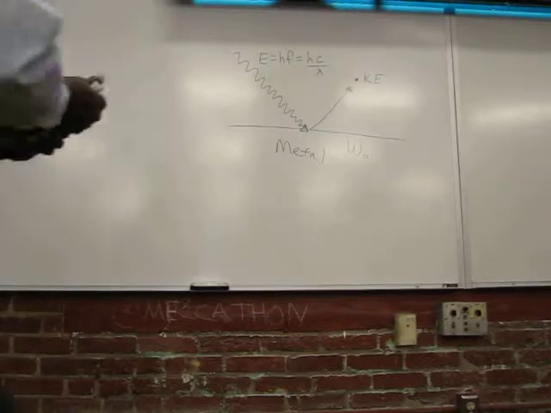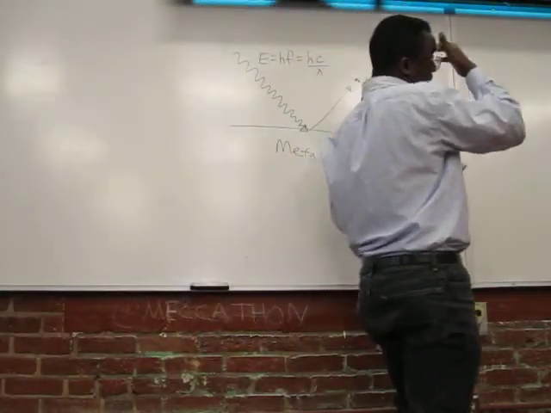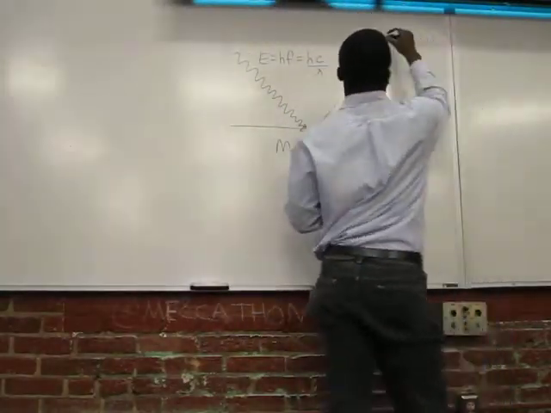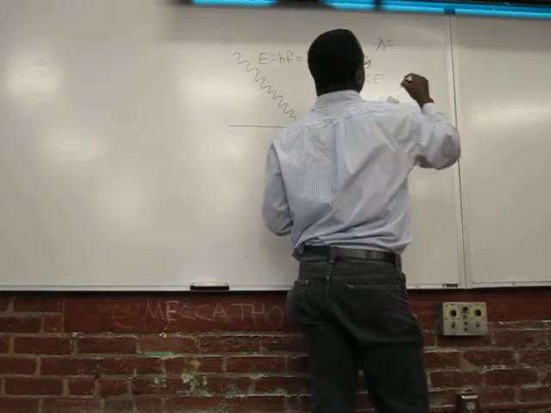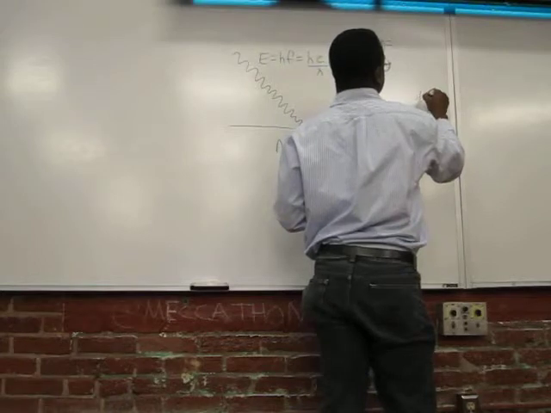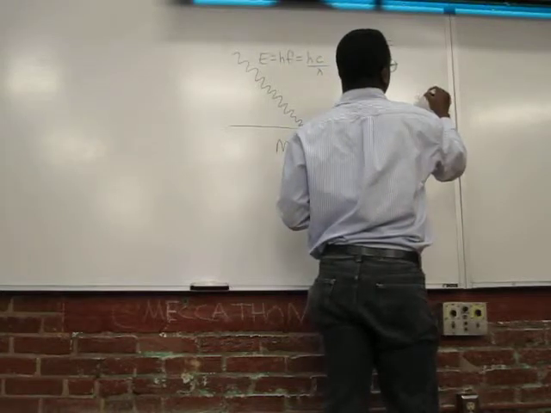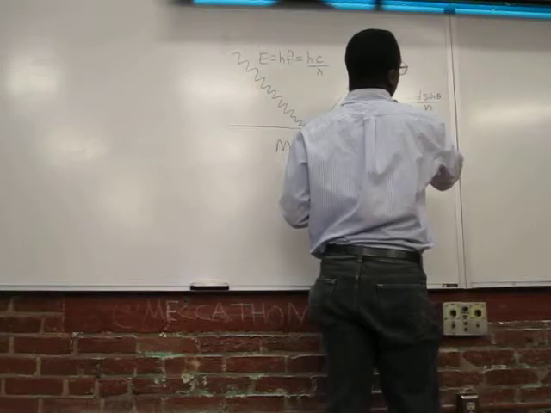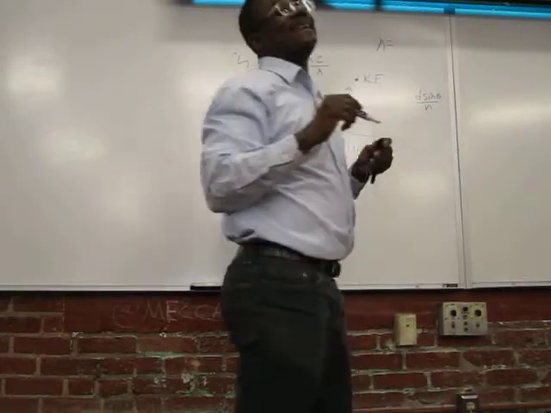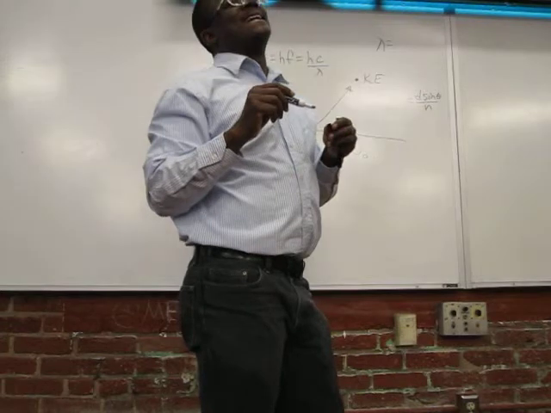Yeah, the wavelength of a photon is lambda. It's d sine theta over n. D sine theta divided by n. Oh, that's the diffracted angle from a spectrometer.